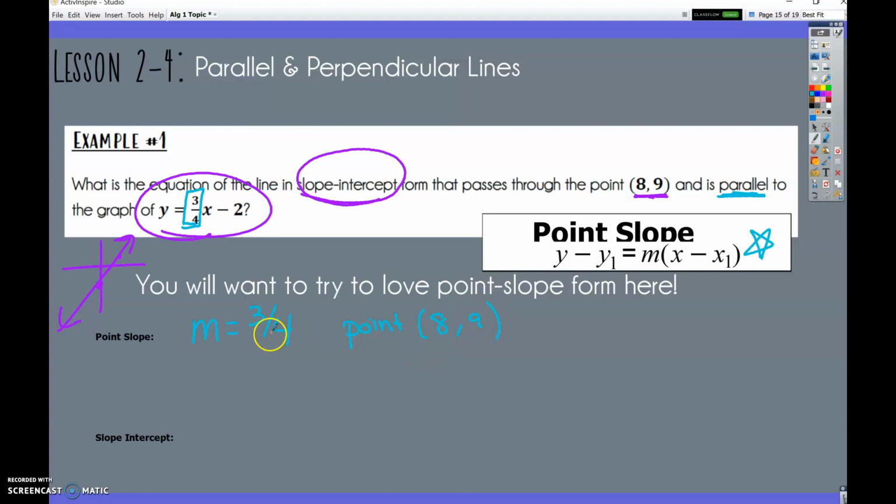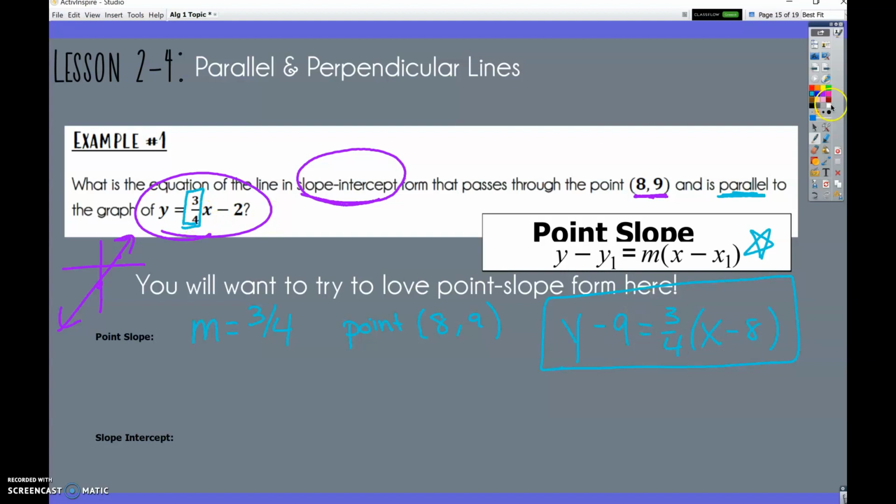Hey, I have a point and a slope. If we remember how to create our point-slope equation, we are on our way to creating slope-intercept by doing the distribution method. So right here, you have created an equation of a line that's parallel to this 3/4 x minus 2, but also goes to the point 8, 9.